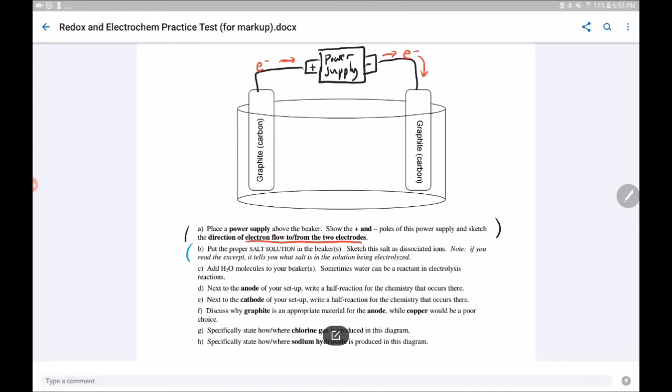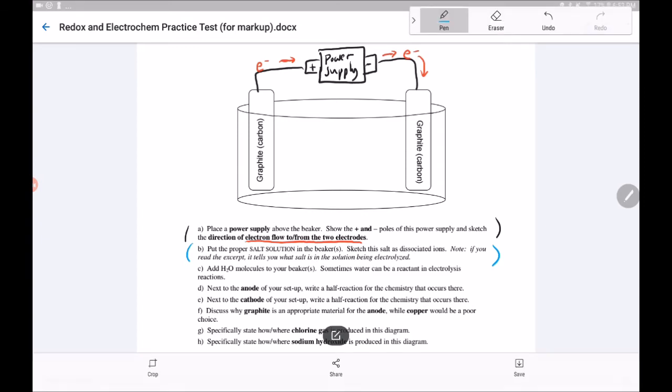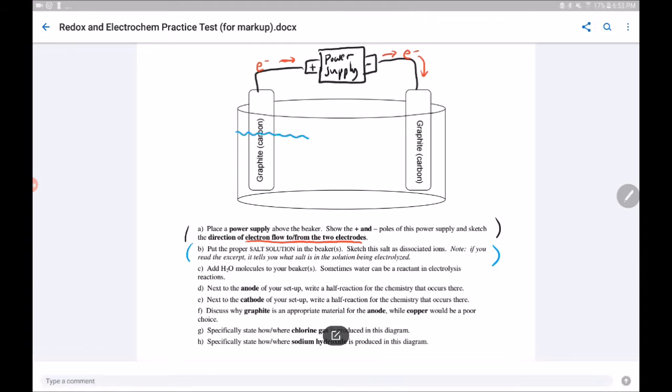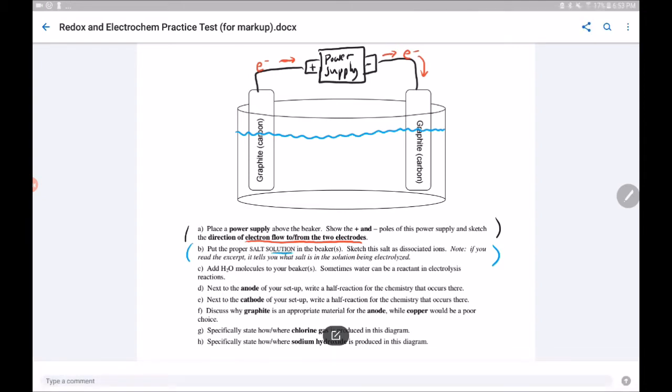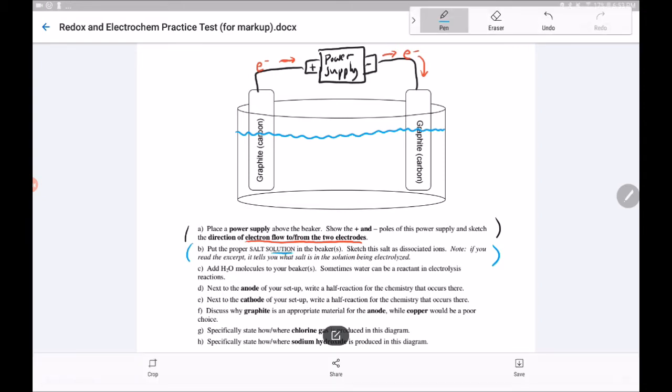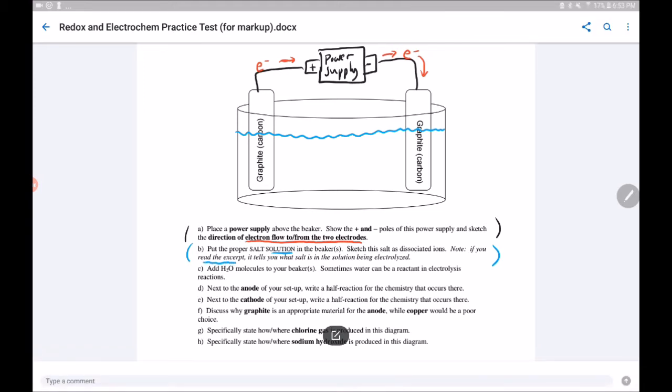Now, B says, put the salt solution in the beaker. Sketch the salt as dissociated ions. It'll be dissociated because it is a solution, a salt solution. It is aqueous. The text tells you what salt it is.